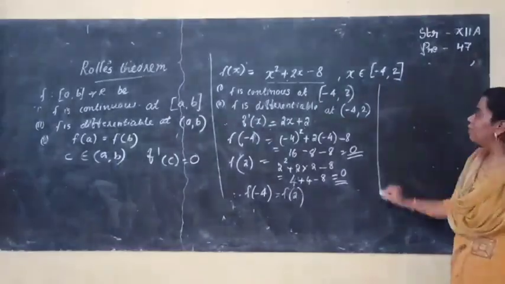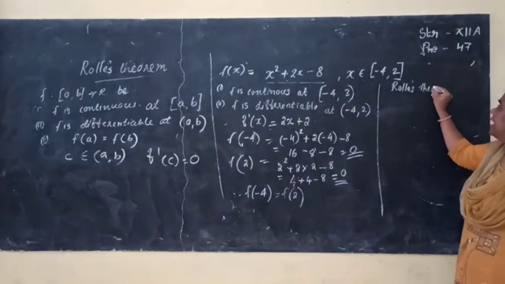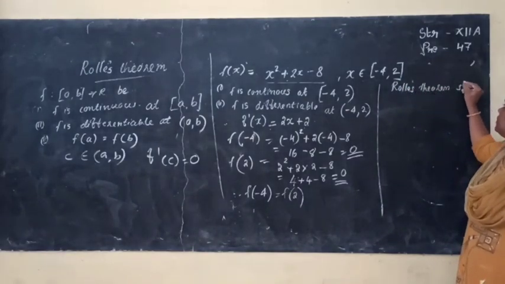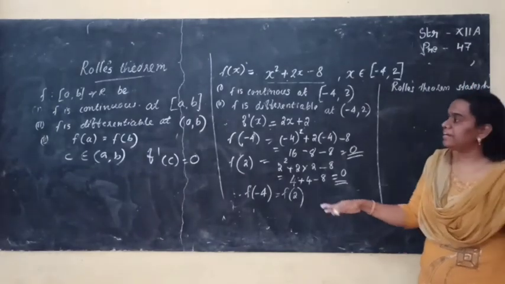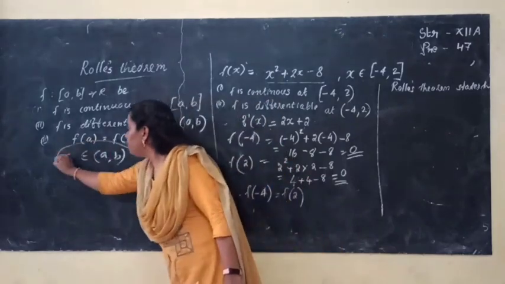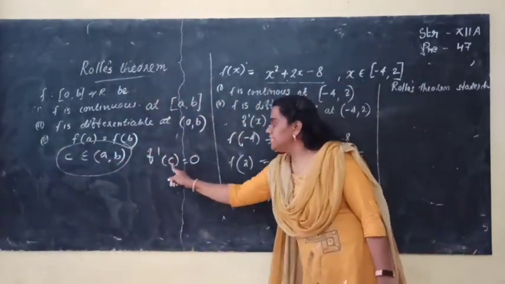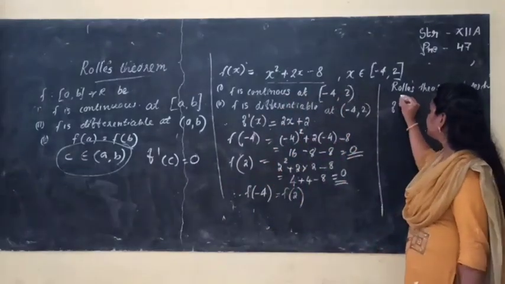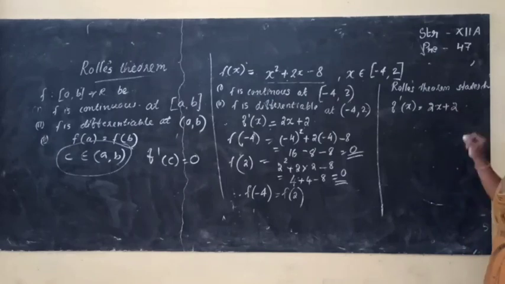Then Rolle's theorem states that, if all these conditions are satisfied, we can find a c belonging to the open interval (a, b) such that f dash c is equal to 0. Here, what is f dash x? f dash x is equal to 2x plus 2.